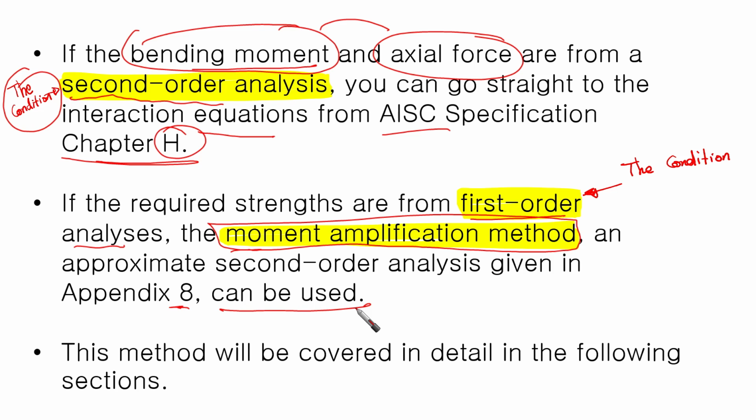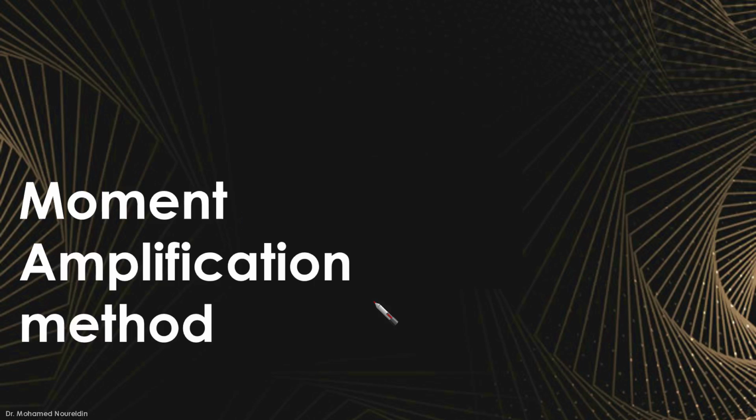We can use it, as I said in the previous slide. This method is going to be covered in the following sections, because it is historically the most common method for considering the P delta effect, the moment amplification method. So let's now talk about the moment amplification method.